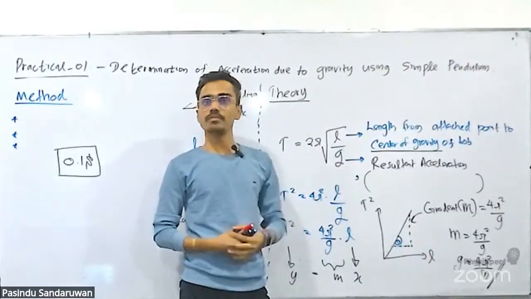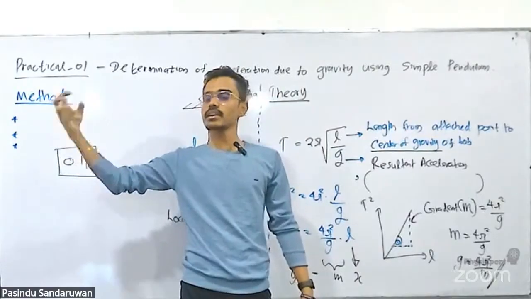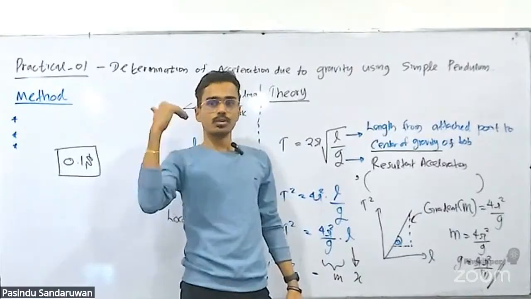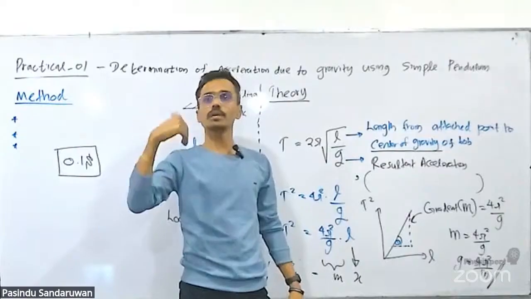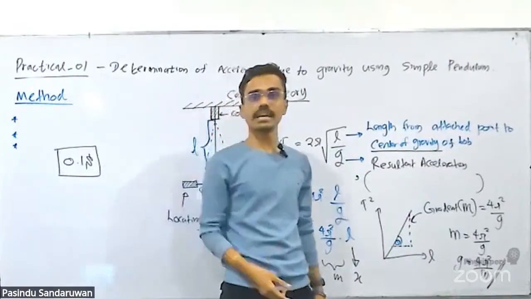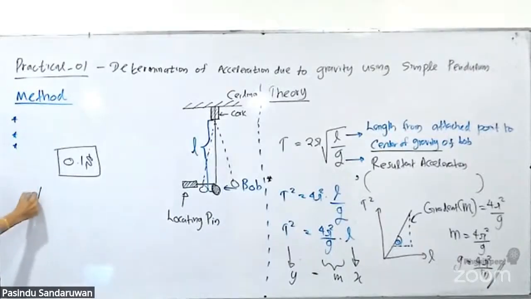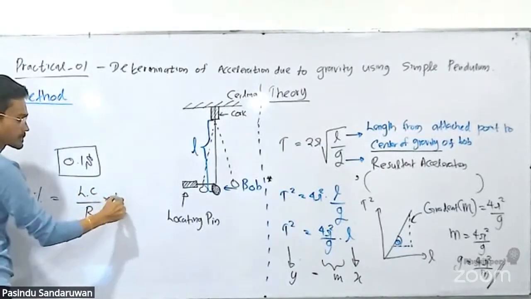So you can do a reverse calculation and work out the minimum number of oscillations needed to keep the error below 1%. What is the equation for percentage error? Percentage error equals least count over reading, multiplied by 100%.